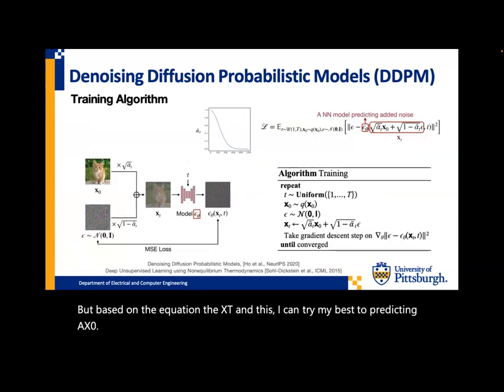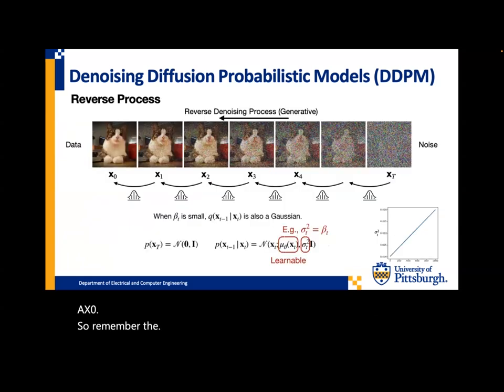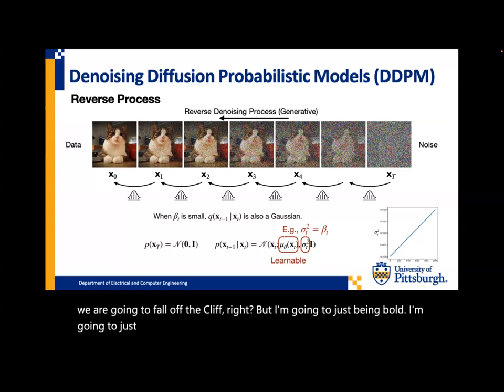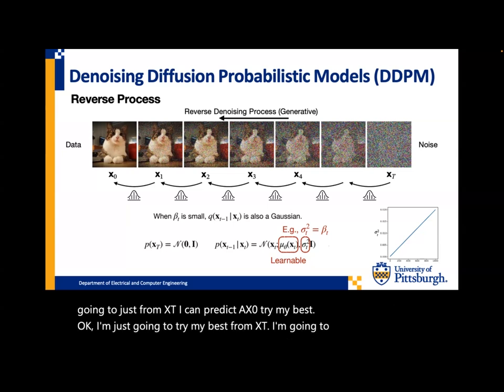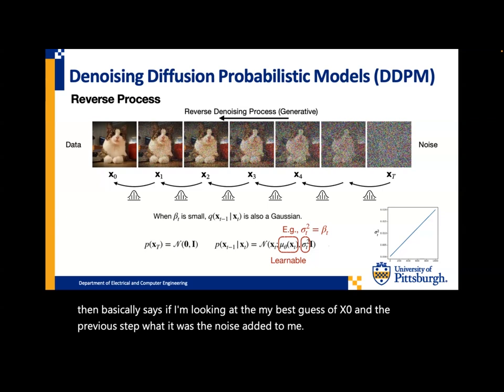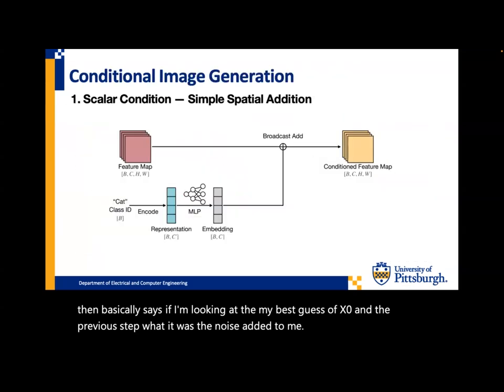Remember why we are taking all these little steps? Because we are afraid we are going to fall off the cliff, right? But I'm just going to be bold. From xt, I can predict an x0. Try my best. I'm going to predict the x0, and then if I'm looking at my best guess of x0 and the previous step, what was the noise added to me? So that solves the problem.